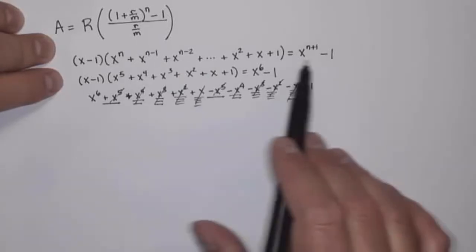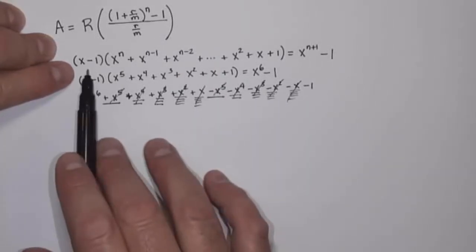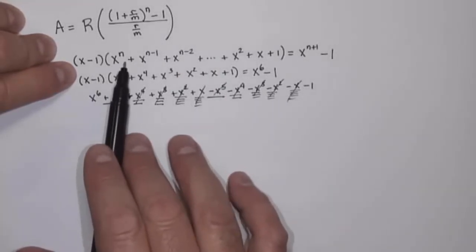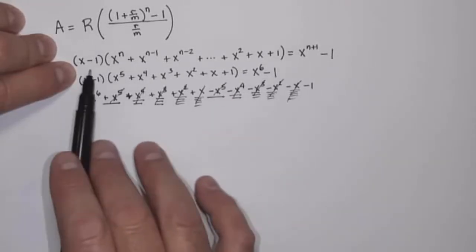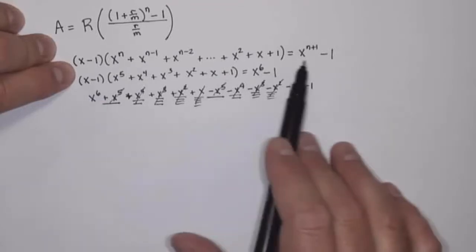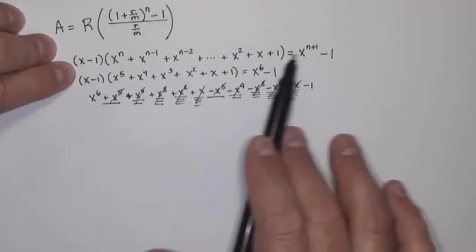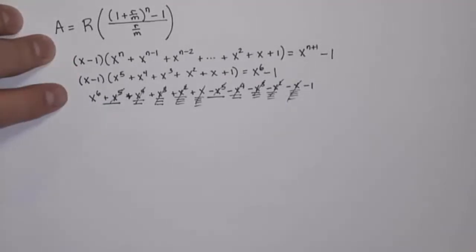So as a general rule, this is going to be true. Anytime I have x to the n, x to the n minus 1, x to the n minus 2, and so on, and I multiply that by x minus 1, the result's just going to be x to the n plus 1 minus 1.